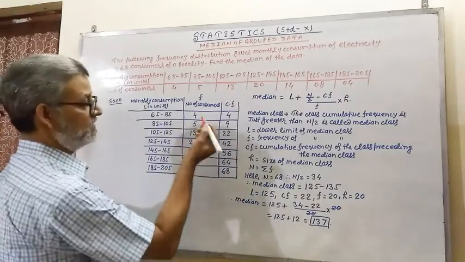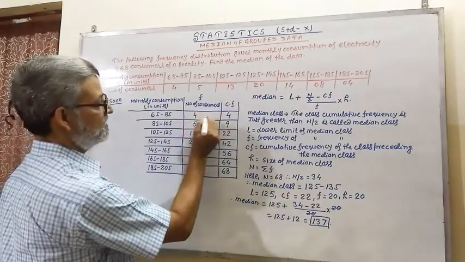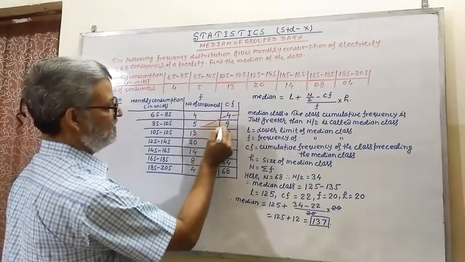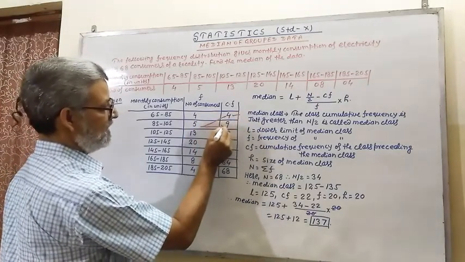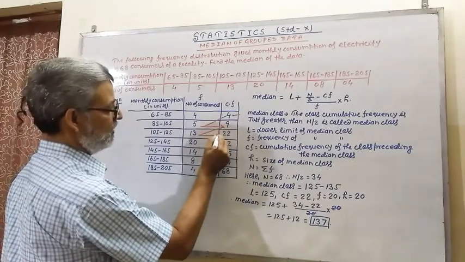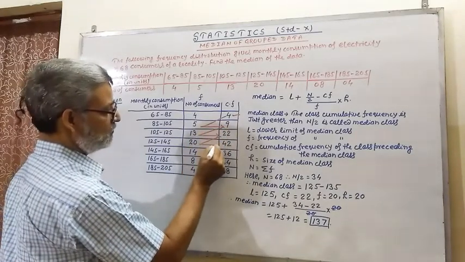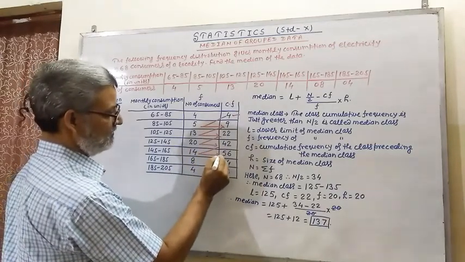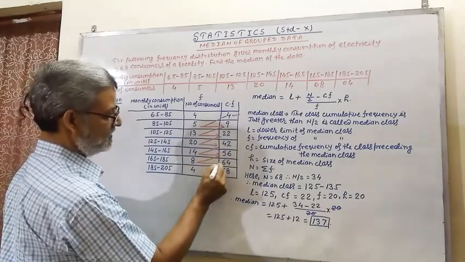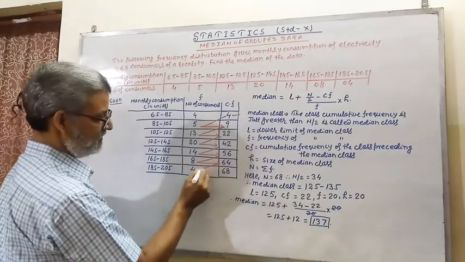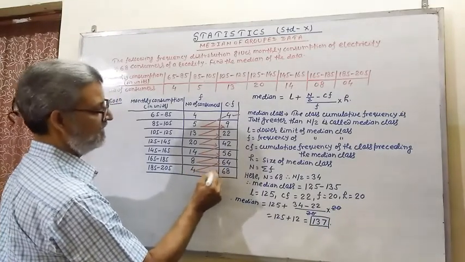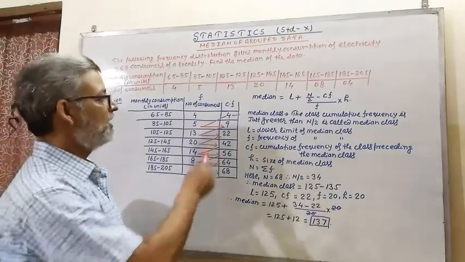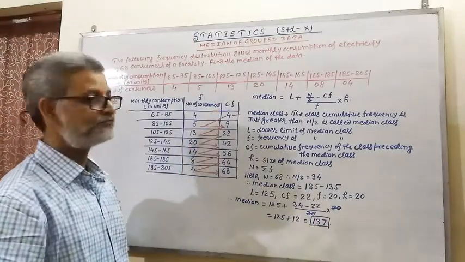First interval same. Second interval, 4 plus 5 is 9. 9 plus 13 is 22. 22 plus 20 is 42. 42 plus 14 is 56. 56 plus 8 is 64. 64 plus 4 is 68. In that way, first we prepare the cumulative frequency table.